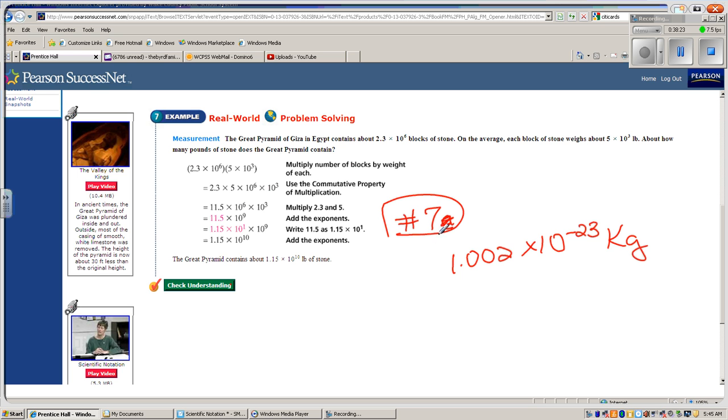On number 7, you would be multiplying 1.67 times 10 to the negative 27th power times 6 times 10 to the 3rd power. When you multiply 1.67 times 6, what do you end up with?